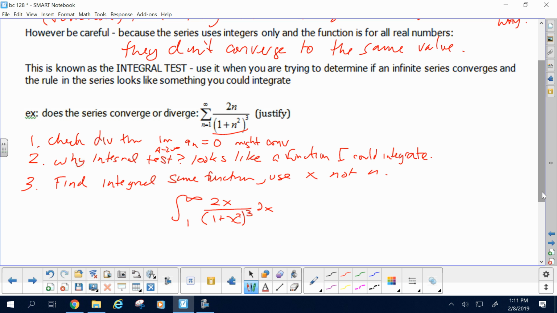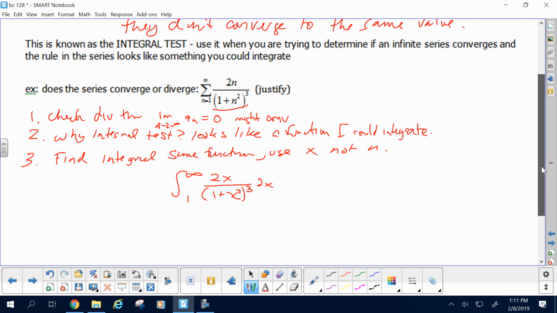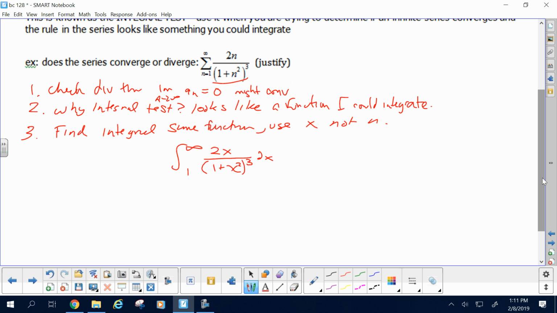Now I look at that and I think, yeah, I could integrate that pretty easily by use of u-substitution. I definitely want to take the correct first step of making it a proper integral, so your math teacher doesn't freak out on you.